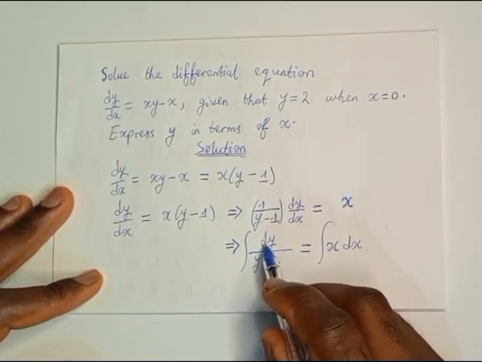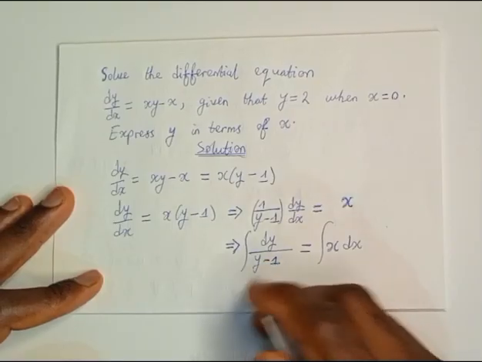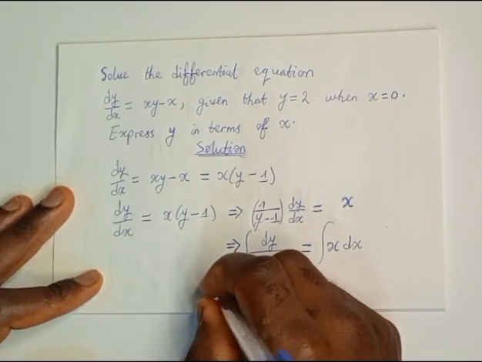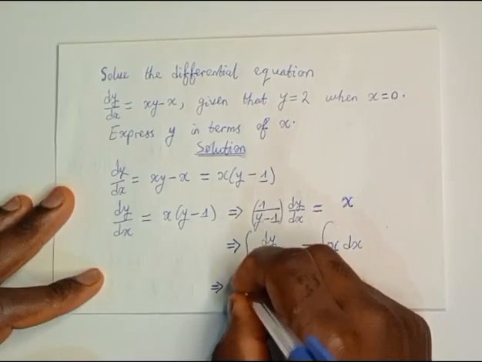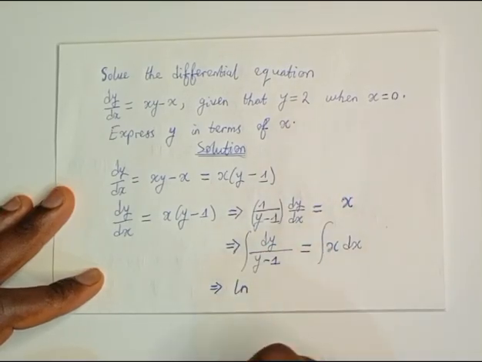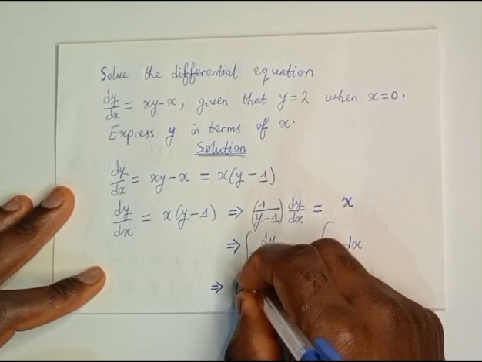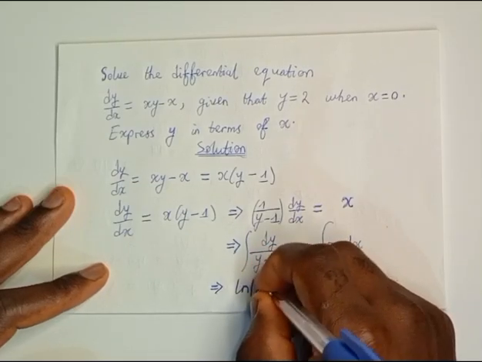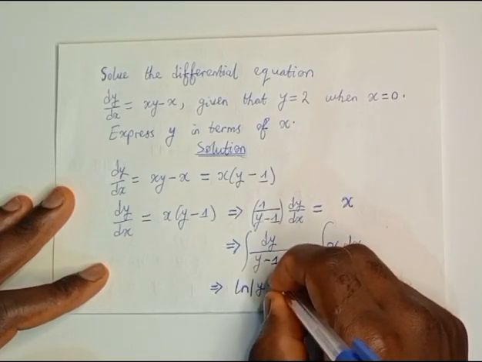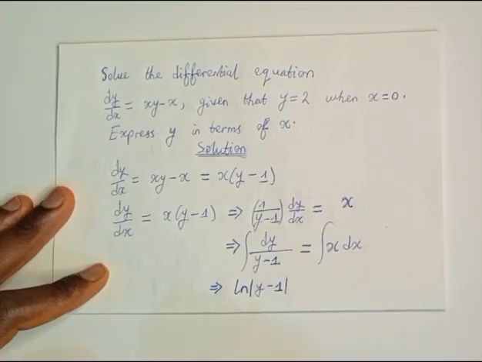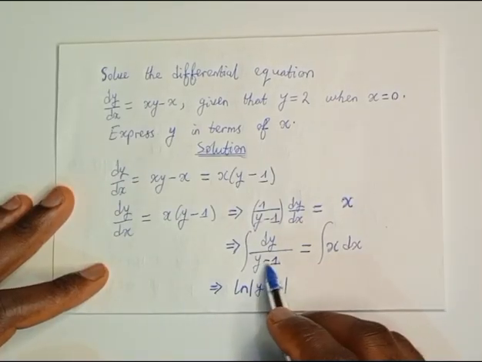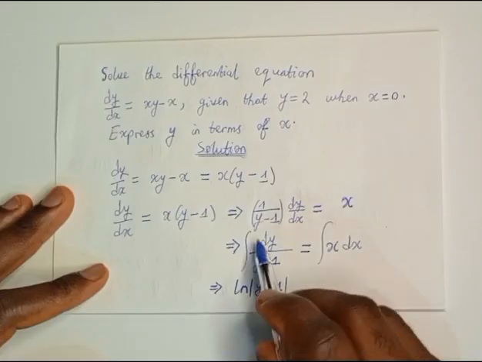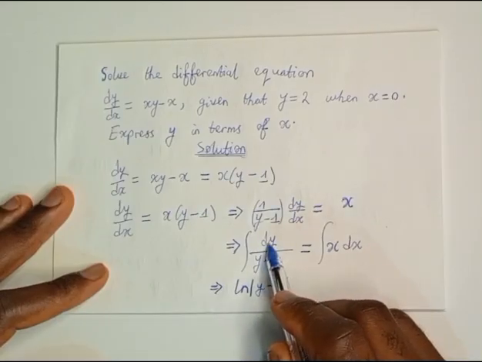Integrating dy over y - 1 will simply give us the ln of the magnitude of y - 1, because if we differentiate y - 1, it gives us dy.